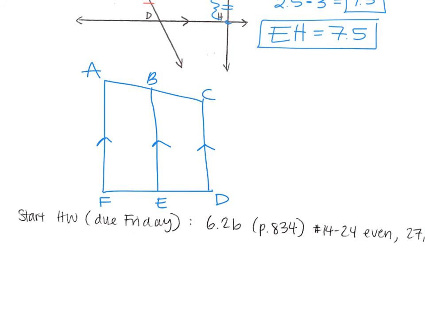Okay, so if I tell you that this has a length of 5, a length of 5, and I tell you FE is 4, can you tell me what FD is? What is it? 8. It would be 8, right? So if I know this is 4, then this has to be 4 also. So then the whole thing, FD, would be 8.